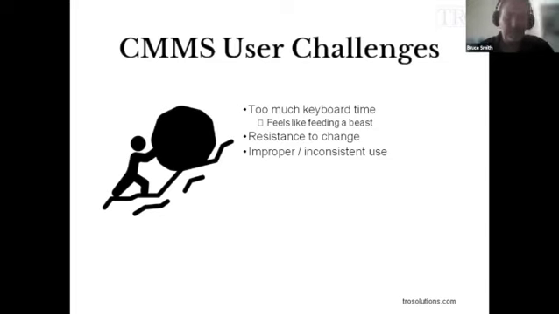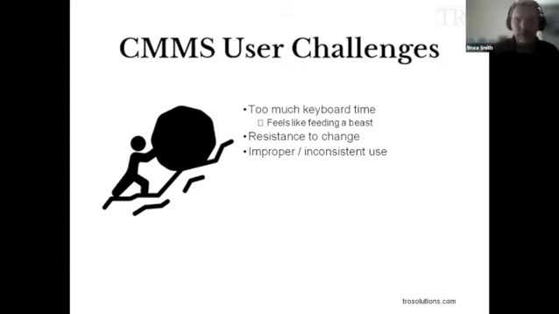The new people being trained on using the software are potentially trained with bad habits. They're being trained maybe the way it's done the way they are. And that leads to inconsistent use.